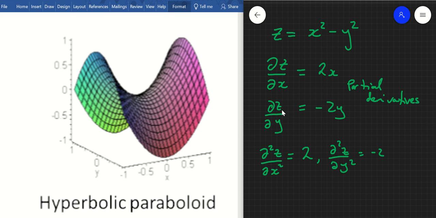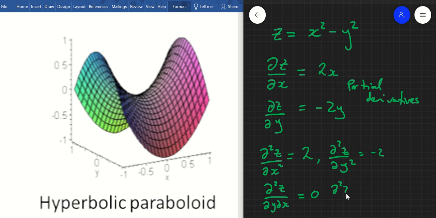Now, because we've got two variables, we could differentiate the first one with respect to the alternate variable. So if I differentiate dz by dx with respect to y, that would be a second order derivative, but that would be dy second, dx first. Okay, that would be 0 in this case because x would be constant.